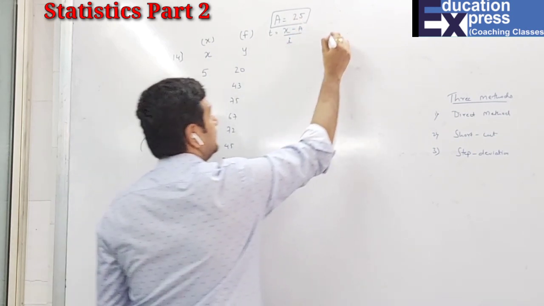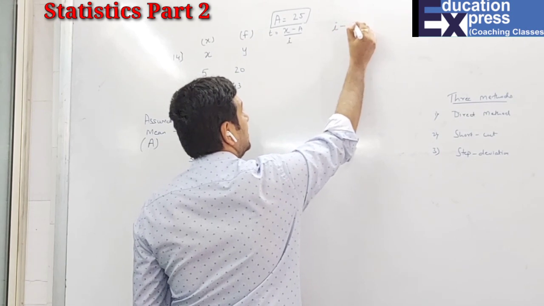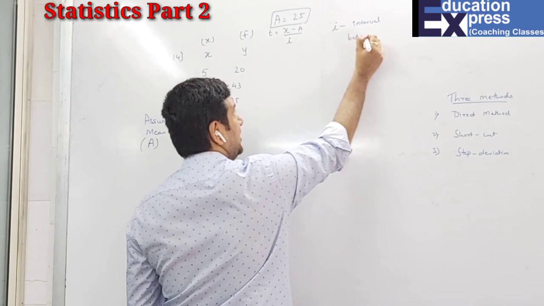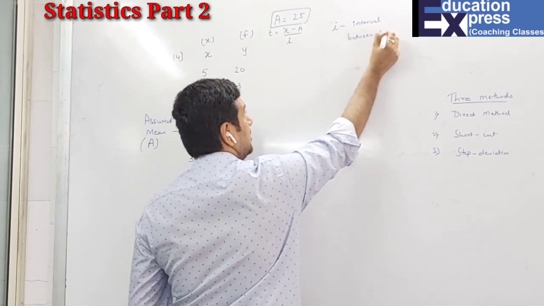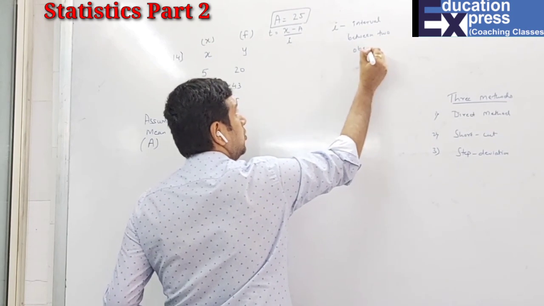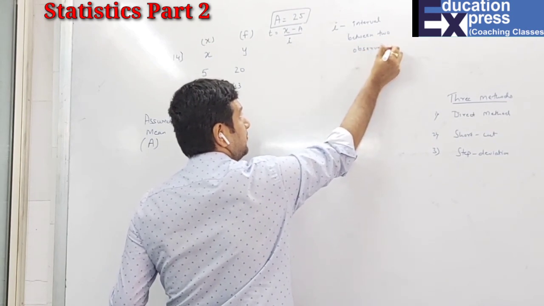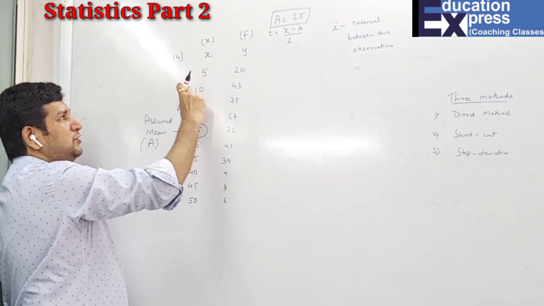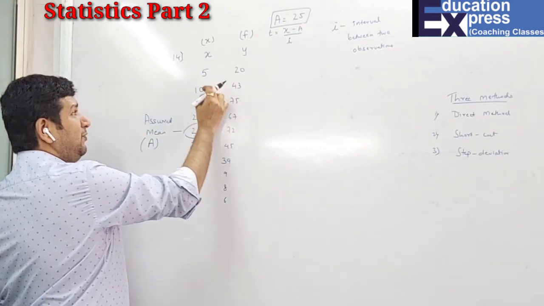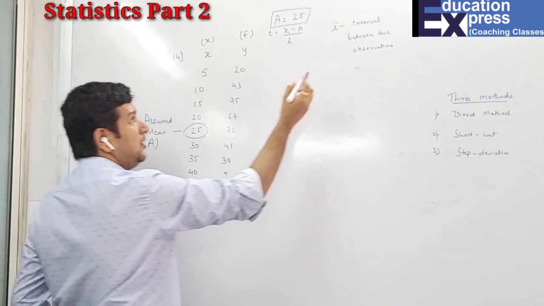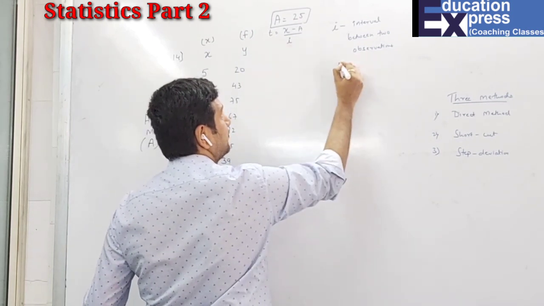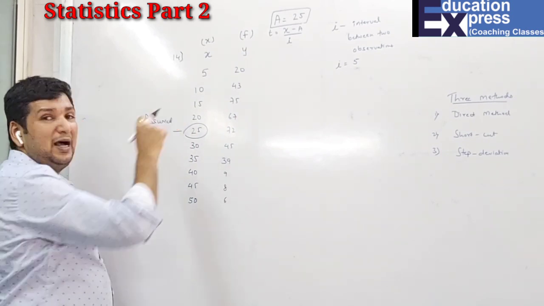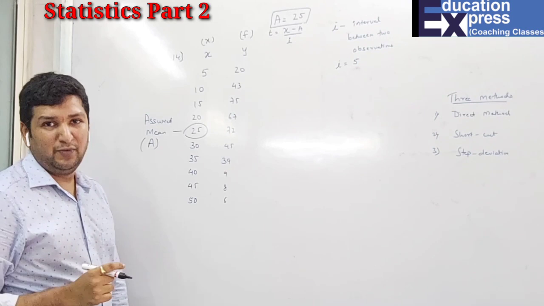And what is i? i is the interval between two observations, the gap between two consecutive observations. The observations are 5, 10, 15. The gap will be 10 minus 5, which is 5, and 15 minus 10 is 5. That means i over here is 5. That is the gap or interval between consecutive observations.